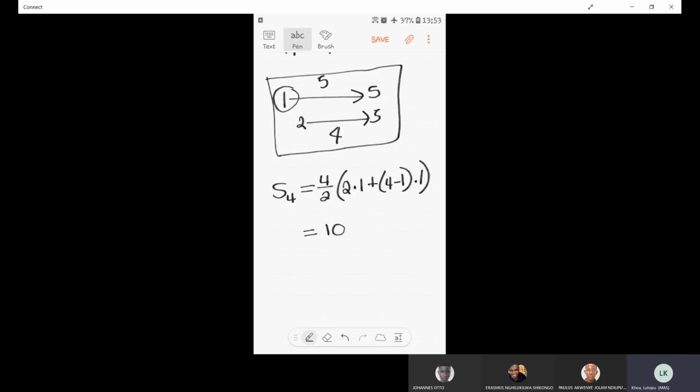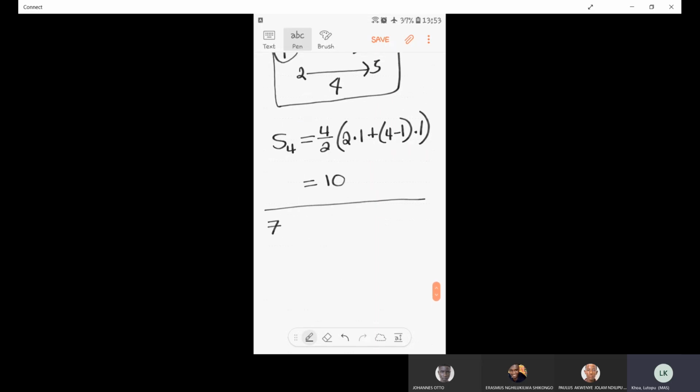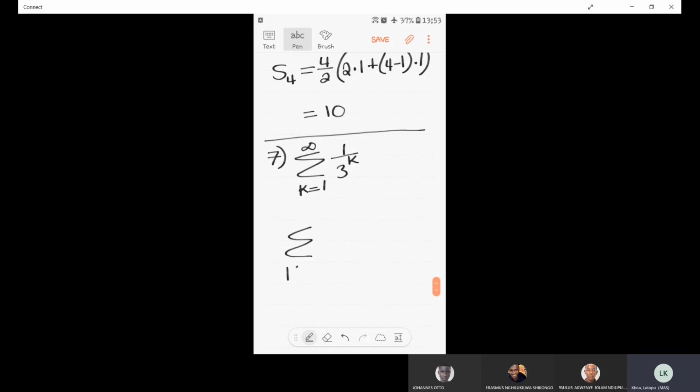Okay, then the next one, number 7. We have the sum k equal to 1 to infinity of 1 over 3 to the power of k. Now this 1 over 3 to the power of k, you can look at it like this. So I'll rewrite it. K is equal to 1 to infinity of 1 over 3 to the power of k. So these two, they are equal.